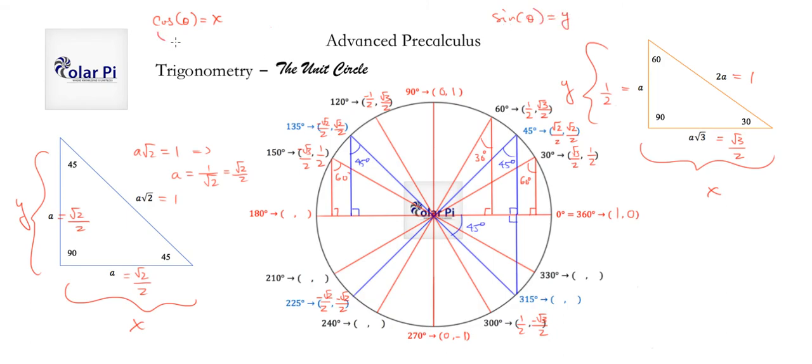Because we know these things to be true, you can readily find the sine and cosine of all of the labeled angles. For example, cosine of 150 degrees will have to be, well, we just said cosine is x. So we go to 150, look at the x coordinate, negative root 3 over 2.